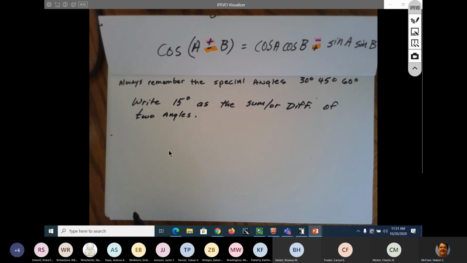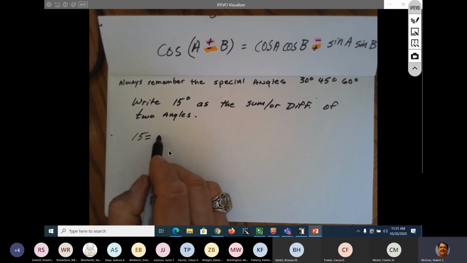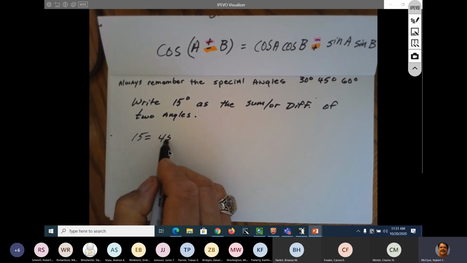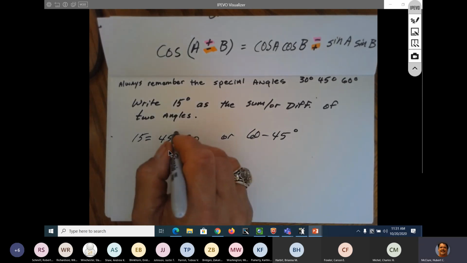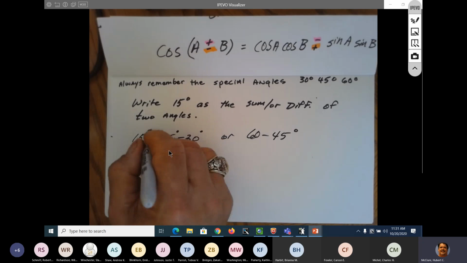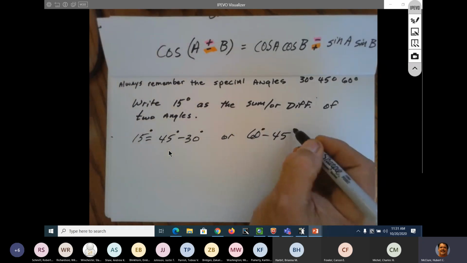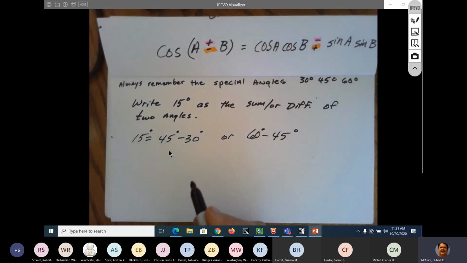Well, we all know that 15 is equal to 45 minus 30, or 60 minus 45. So you can use 60 and 45, or you can use 45 and 30. It doesn't matter which one you pick.